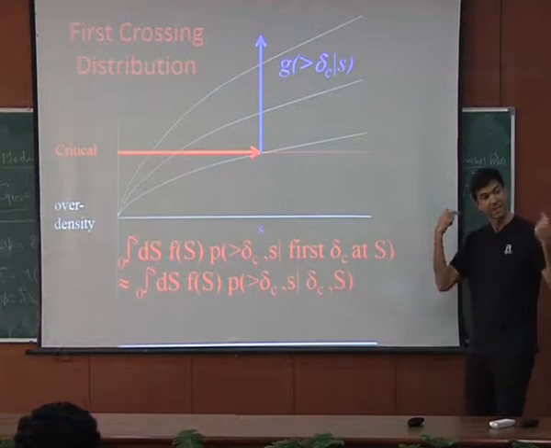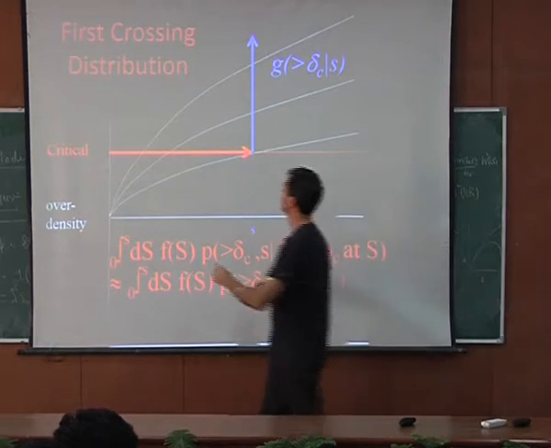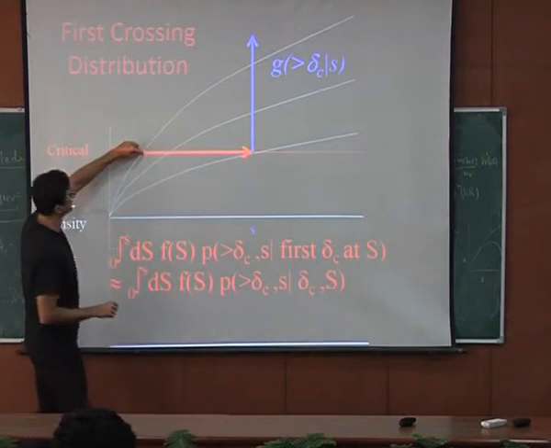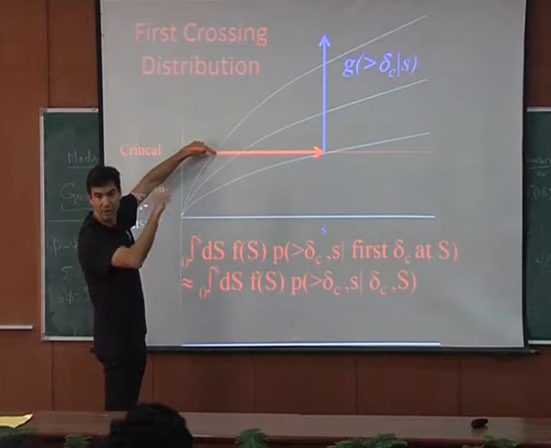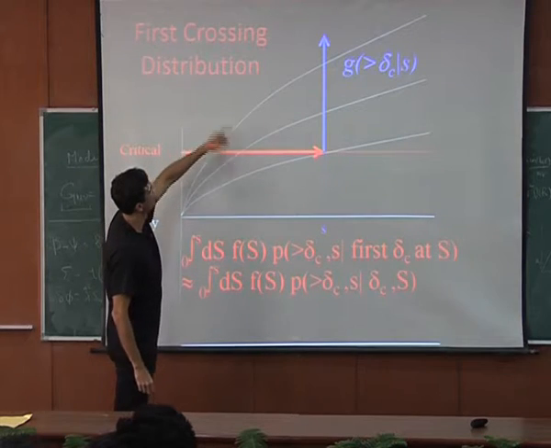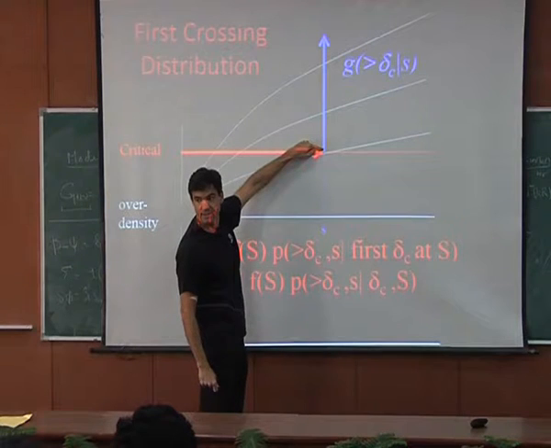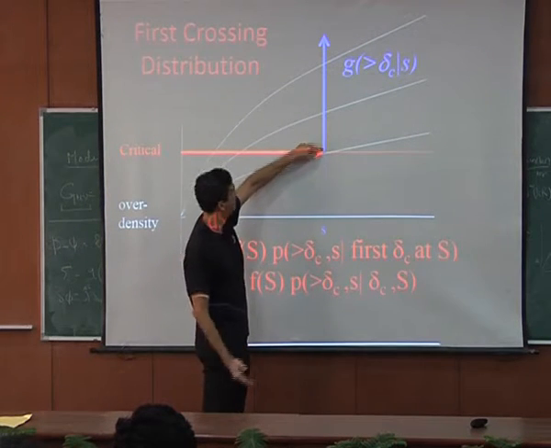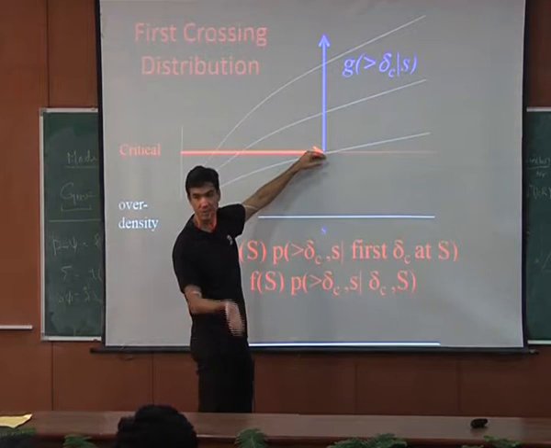But you can do even better. If I'm here, and now I'm going to take random steps to go up or down, random, then when I reach this scale, half of the time I'll be above and half of the time I'll be below, because everything is just random.